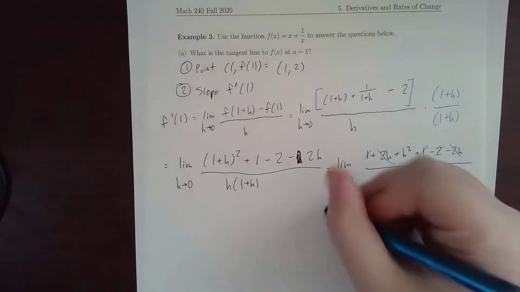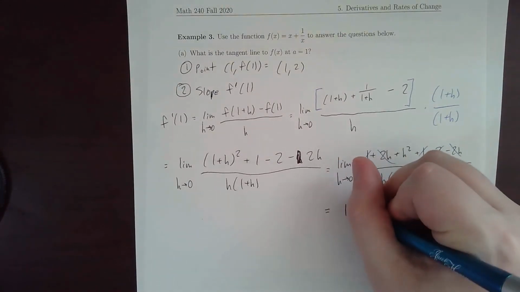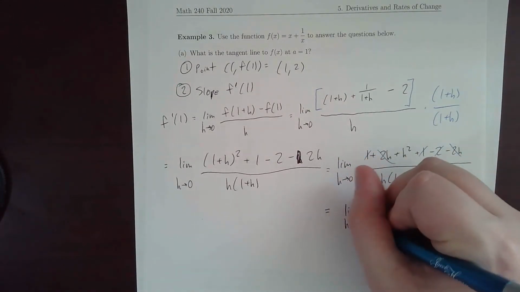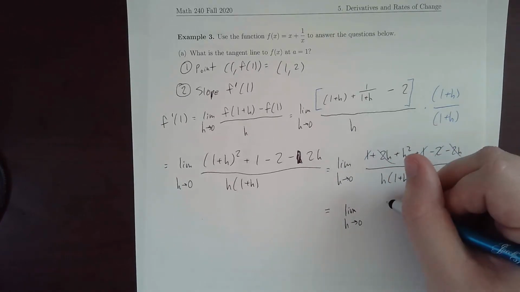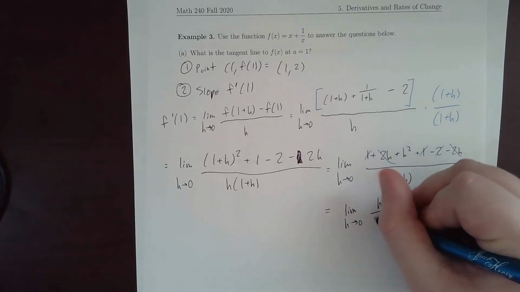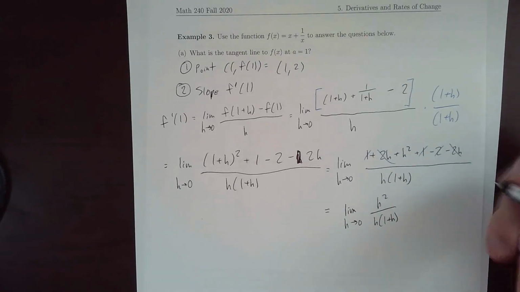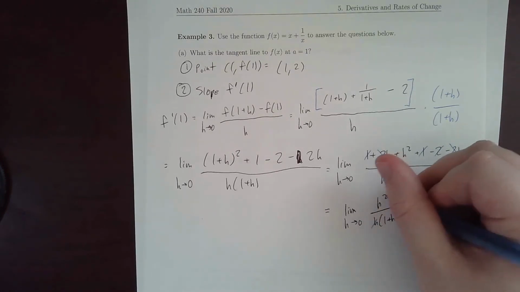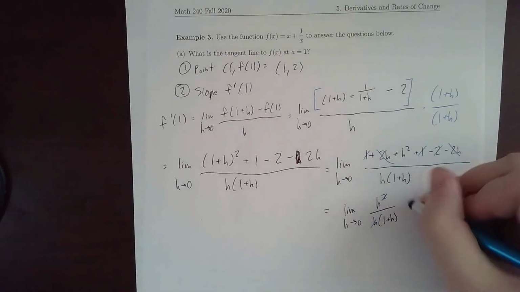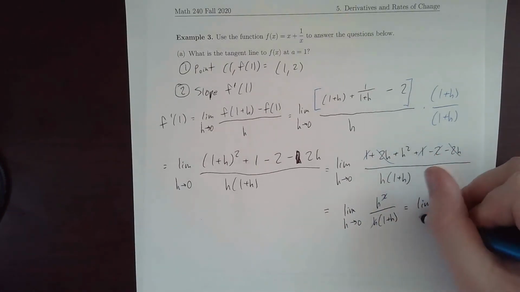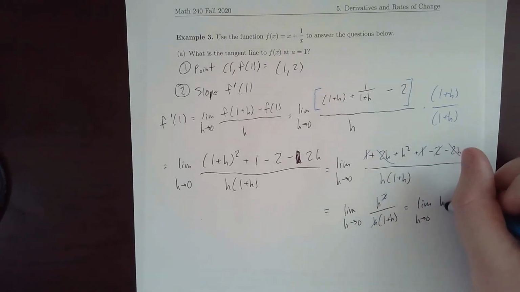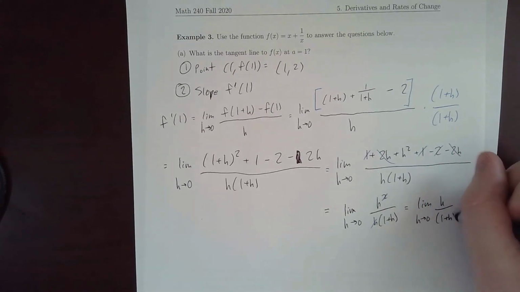So that means we're left with the limit as h approaches 0 of h squared over h times 1 plus h. And now we can go ahead and cancel some stuff. So this h will cancel with one of these h's from h squared, and we'll just be left with the limit as h approaches 0 of h over 1 plus h.